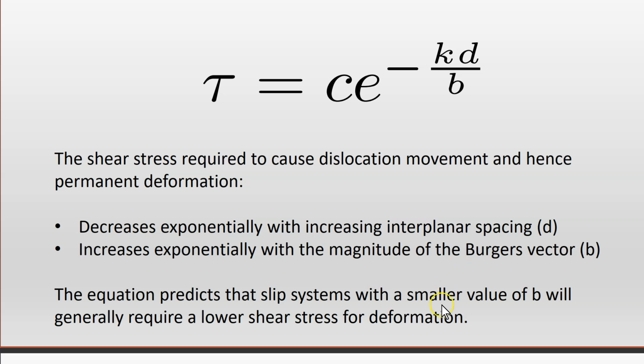So we predict that slip systems with a smaller value of B will require a lower shear stress for deformation, and we can use techniques of actually increasing B to harden the material.